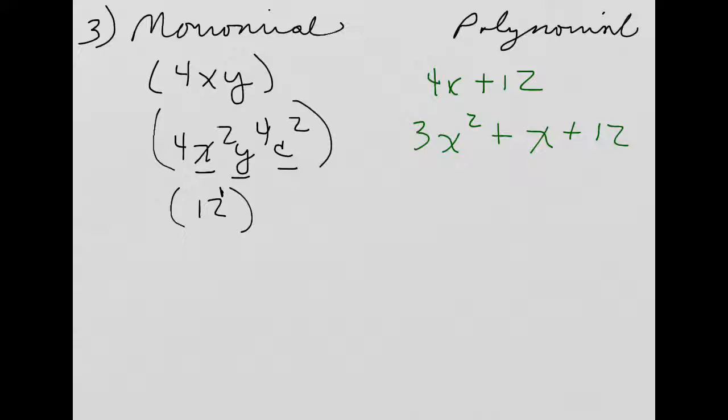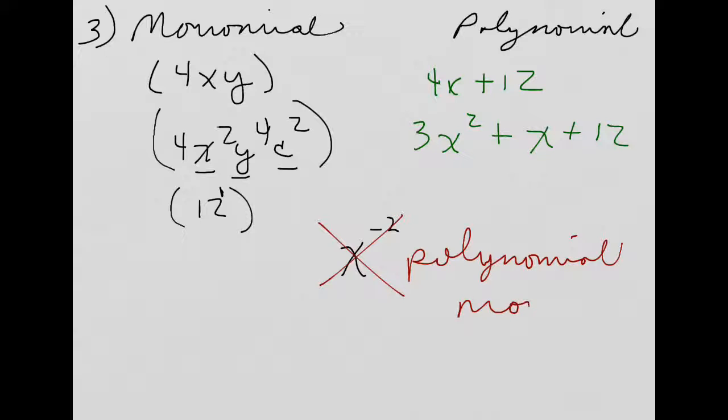And so if you see any variable raised to a negative exponent, any negative exponent, that is not, let me emphasize this, not a polynomial or monomial. And this also goes for fractional exponents.